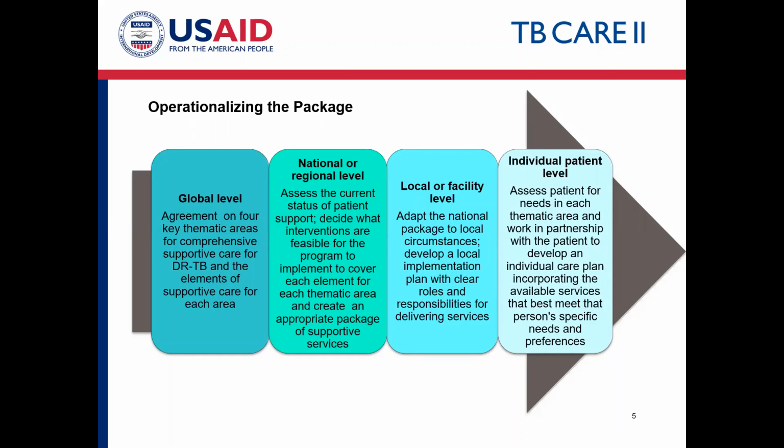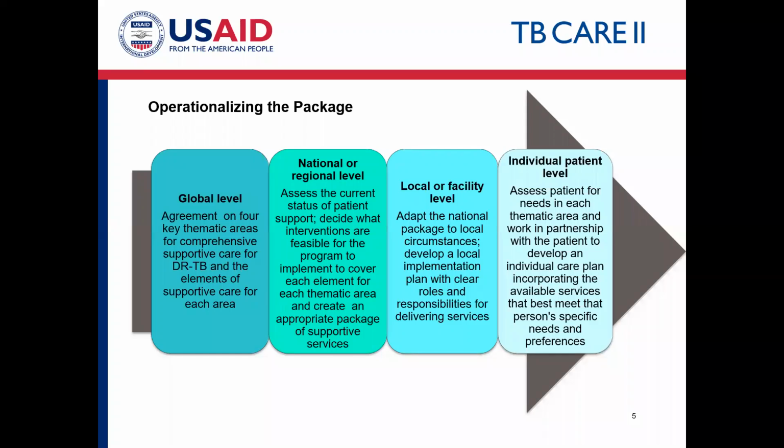That's the idea. And then when you get down to the local or facility level, which is what we're talking about today, how do you adapt that package to your own local circumstances? So if you're working in an urban area, your package might look slightly different than in a rural area. Or if you're working with a specific population of people who inject drugs or migrants or other populations that need specific services, you might tailor your care package.